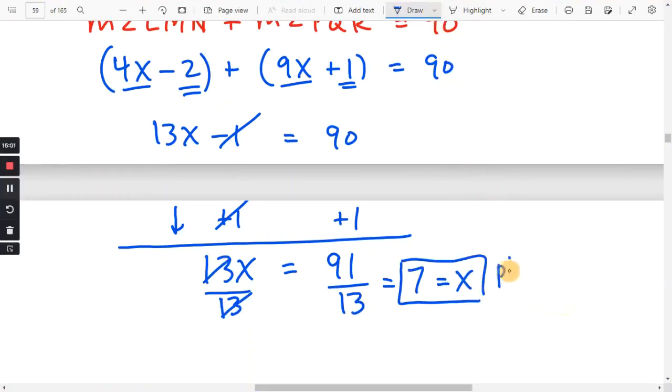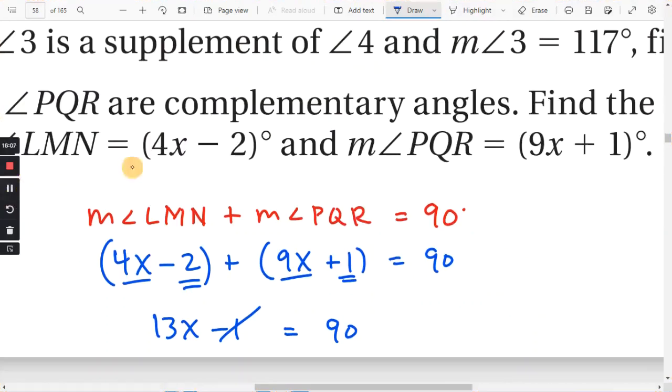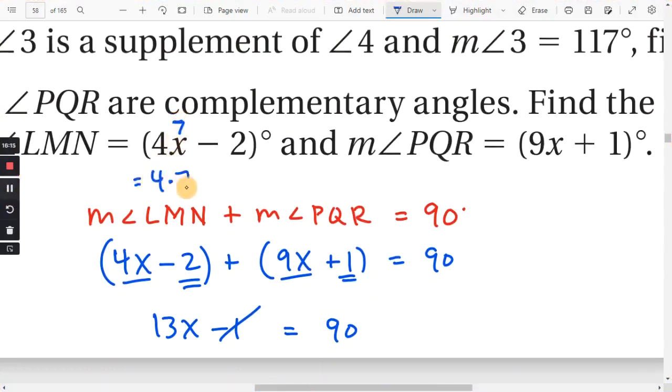So we're going to have to take that 7 and plug it in. All right, if we put the 7 in here, that's going to be 4 times 7 minus 2. And 28 minus 2 is 26.